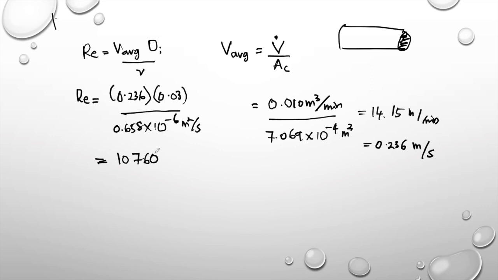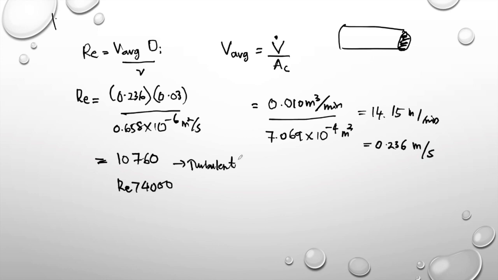For turbulent flow, the Reynolds number must be greater than 4,000, and this Reynolds number falls under this region. So under turbulent flow, can we assume fully developed turbulent flow, or is it a developing region?